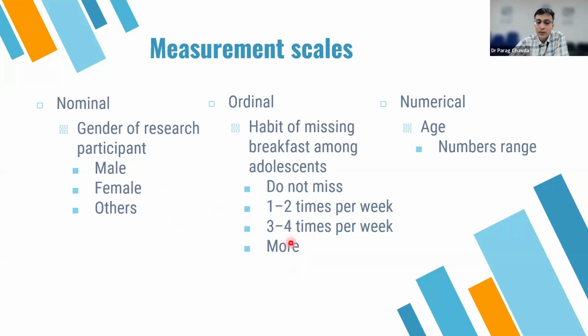In the second example in the middle, the order makes some sense, right? So someone who misses 1 to 2 times per week is missing a little more than someone who is not missing at all. Someone who is missing 3 to 4 times is missing a little more than someone who misses only once or twice per week, right? So the order matters, and hence both of them, the one on the left and the one in the middle, are categories.